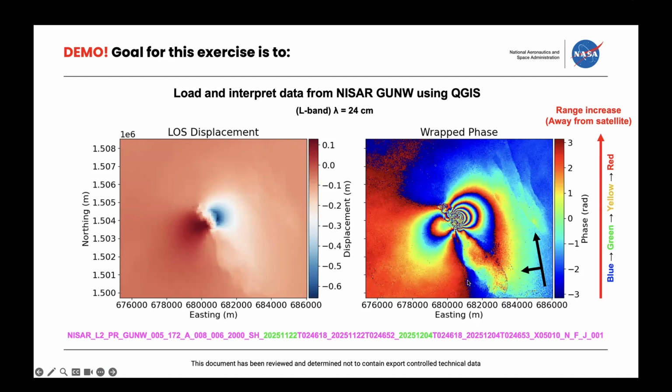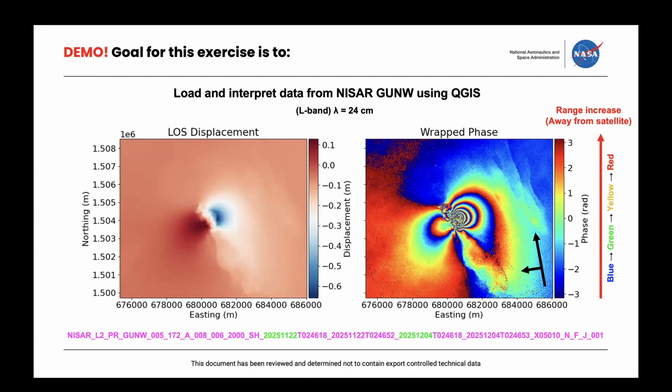and it's looking left. So the color scale for the wrap phase, if the color changes from outer to center, from blue to green to yellow to red, that means that the ground is moving away from the satellite.